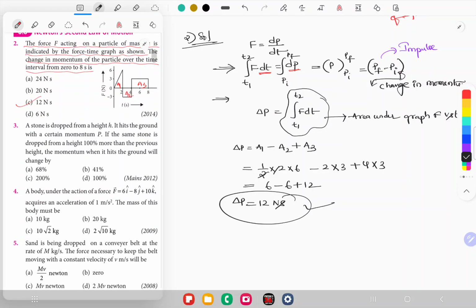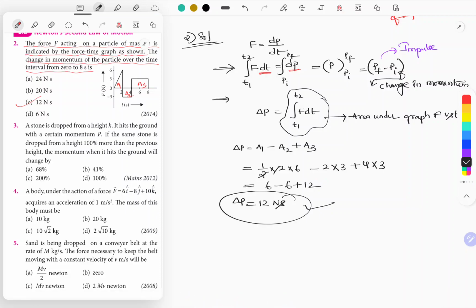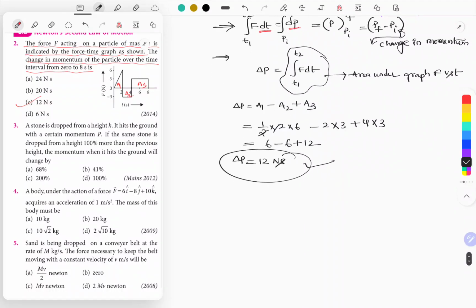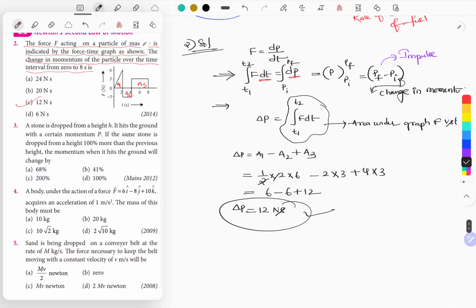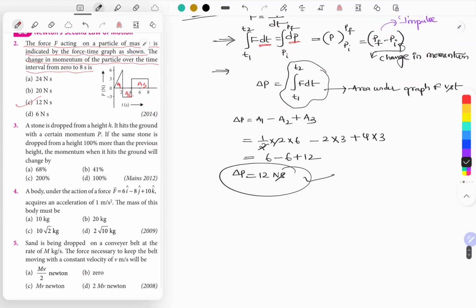If you take it as a positive area, you are going to get a total answer of 24 newton second. That option is also there, it is the first option they have given in the question. So be careful while answering. You just have to subtract the negative area from the positive area whenever you are finding the area under a force versus time graph.